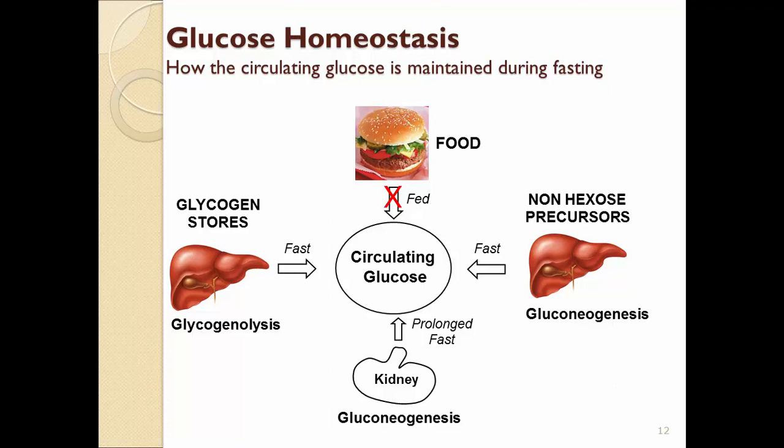And it tries to raise blood glucose, and the liver can also be gluconeogenic, make glucose and release it into circulation. I also mentioned the kidneys are also organs that can make glucose through gluconeogenesis, and this is only under prolonged fasting, right?